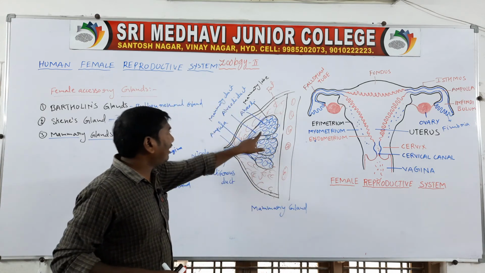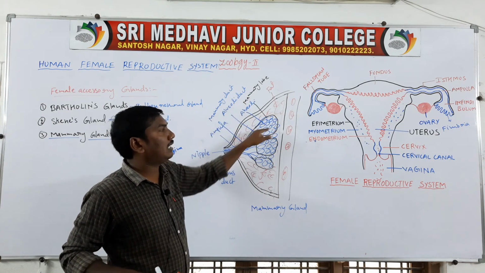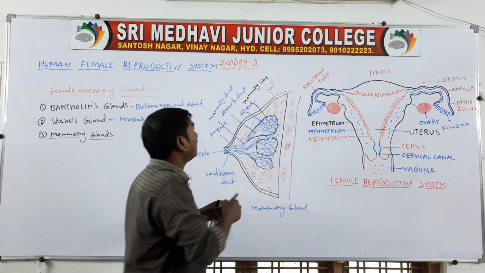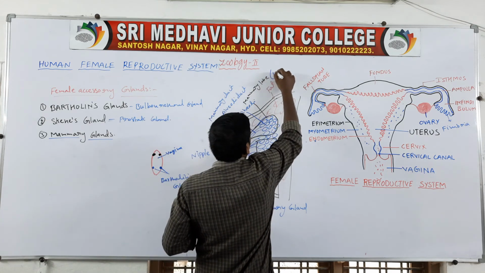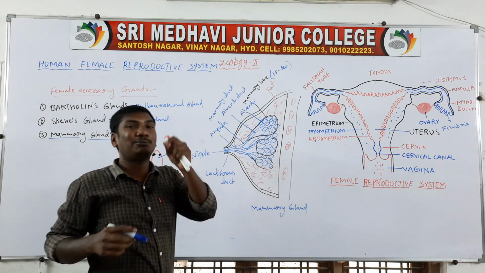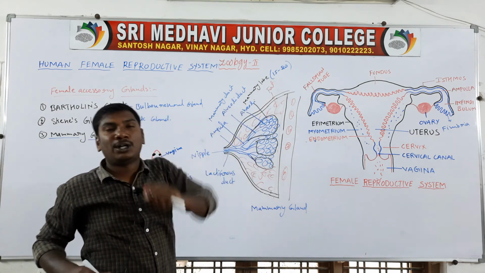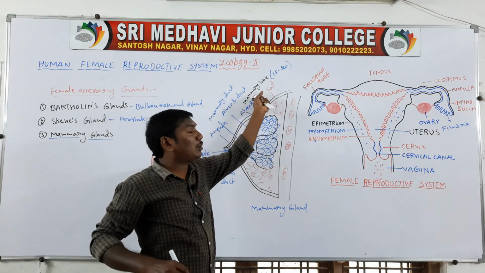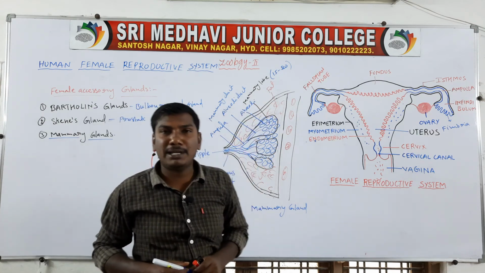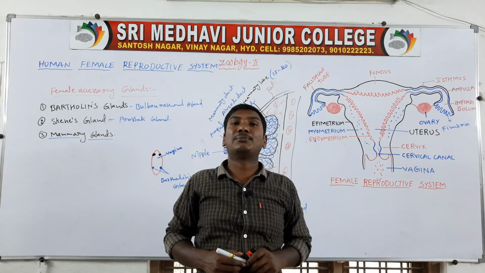The glandular tissue forms mammary lobes, and each breast contains 15 to 20 lobes. These lobes contain alveoli, and the alveoli secrete milk.